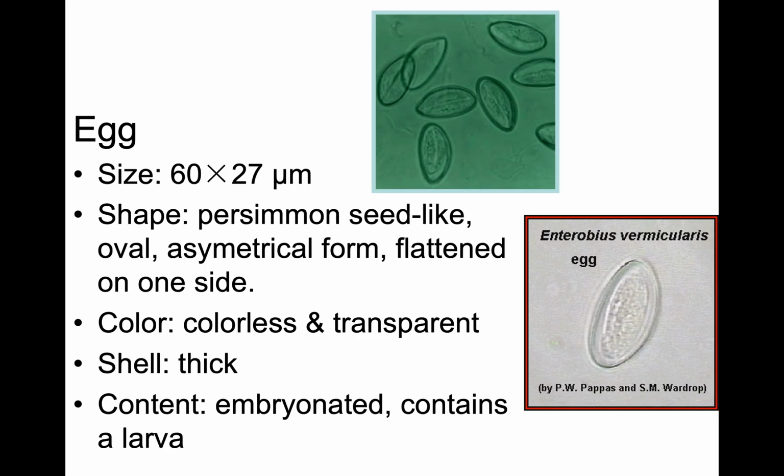And there are two pictures showing the eggs, so you can see how large they are and what shape they are, and it's transparent. And the shell is very large. The shell is very thick, and inside usually there is an embryonated egg, and they may contain a larva.